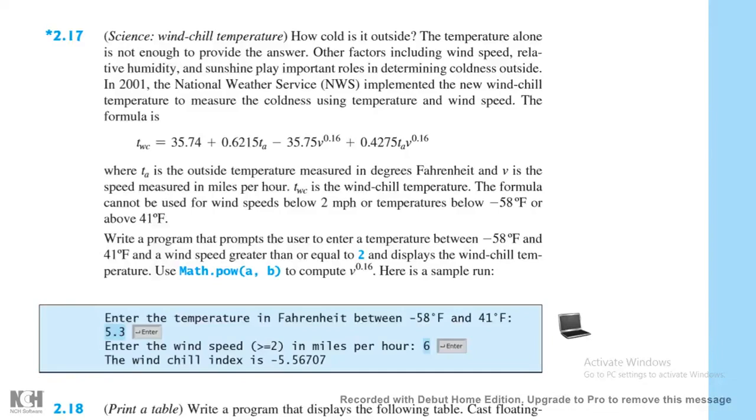Write a program that prompts the user to enter a temperature between minus 58 and 41 and a wind speed greater than or equal to 2 and displays the wind chill temperature. You use the method power to compute V to the exponent of 0.16. So here's a sample run.